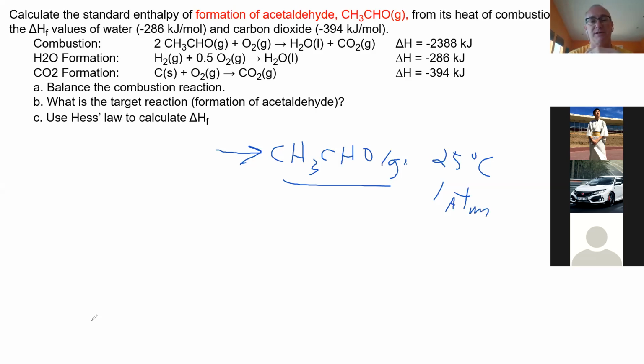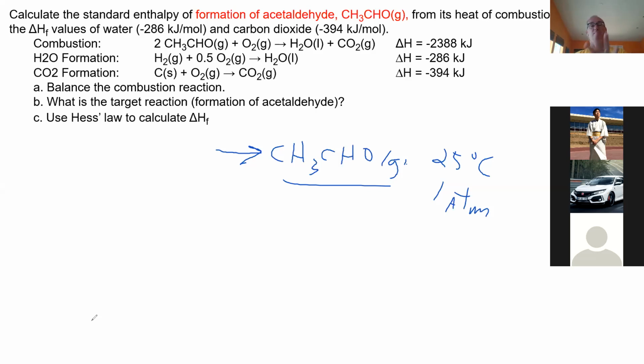So under those conditions, I need carbon, I need oxygen, and I need hydrogen. In what form am I going to get those three things? What form is carbon at 25 degrees C in 1 atmosphere? Solid, liquid, or gas? Solid. It's graphite.